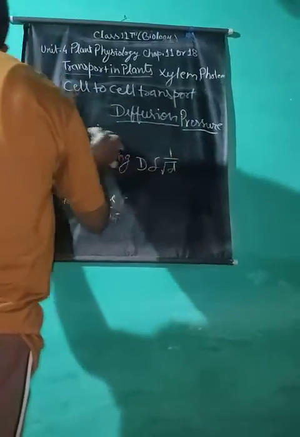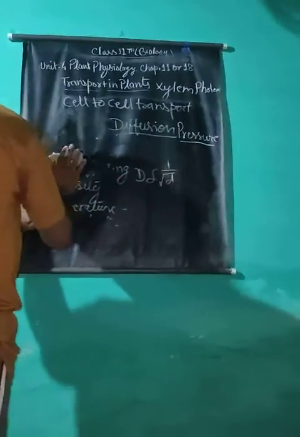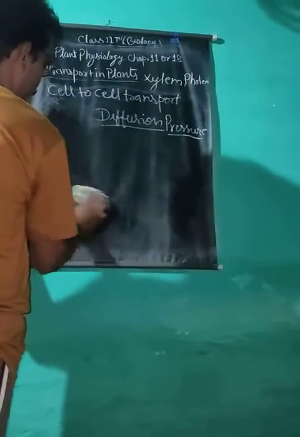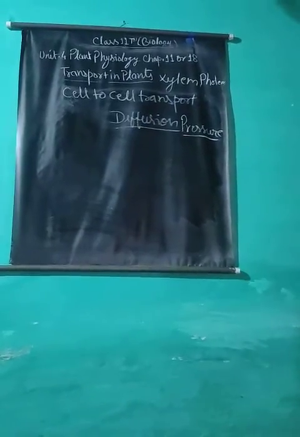This is directly proportional to the number or concentration of the diffusing particles or molecules. Therefore, diffusion always takes place from a region of higher diffusion pressure to a region of lower diffusion pressure, that is, always along a diffusion pressure gradient.